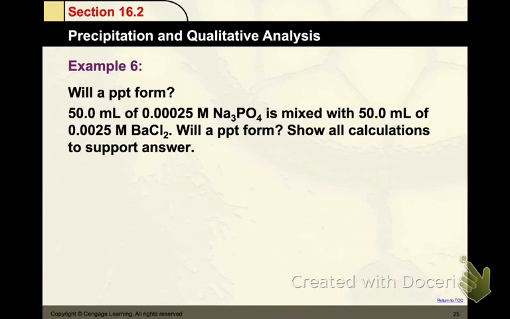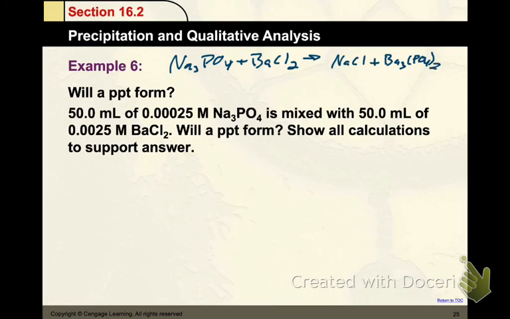We could start out by saying, well, okay, if we have Na3PO4 combining with BaCl2, what we could possibly get here is NaCl and Ba3(PO4)2.